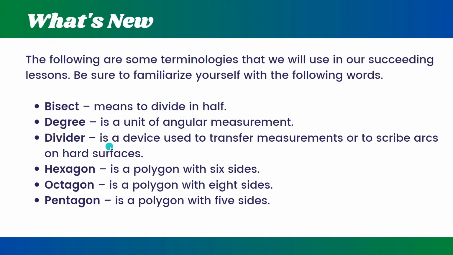Divider is a device used to transfer measurements or to scribe arcs on hard surfaces. Hexagon is a polygon with 6 sides. Octagon is a polygon with 8 sides. Pentagon is a polygon with 5 sides.